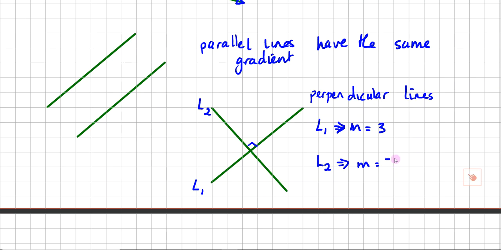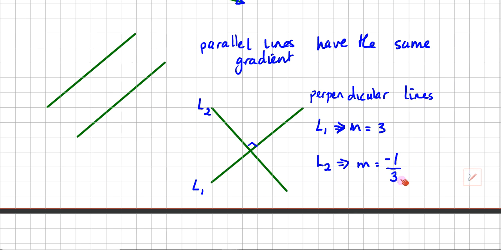It's negative 1 divided by 3. Pardon? It's a flipped version, yeah. Your rise over run becomes run over rise for the perpendicular line. Right? If you just draw the lines, you'll see.